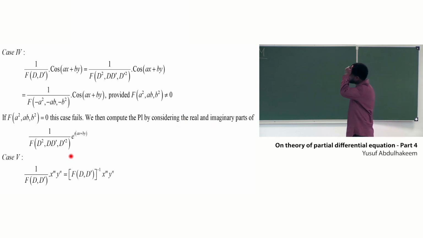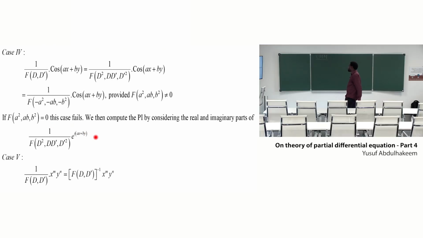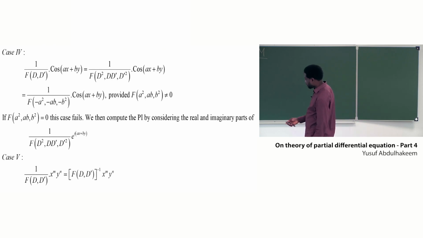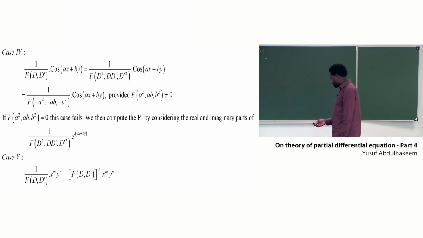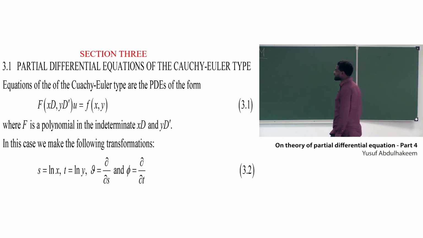That means we split it into real and imaginary parts by introducing this complex function here. At the end of the day, we have the solution in terms of real and imaginary, so we pick the real part or the imaginary part as the case may be. And then we have the fifth case, I think that is the last case. In this case, we apply the polynomial theorem to the inverse operator and then operate on x^m y^m. So that is how we ended that function.